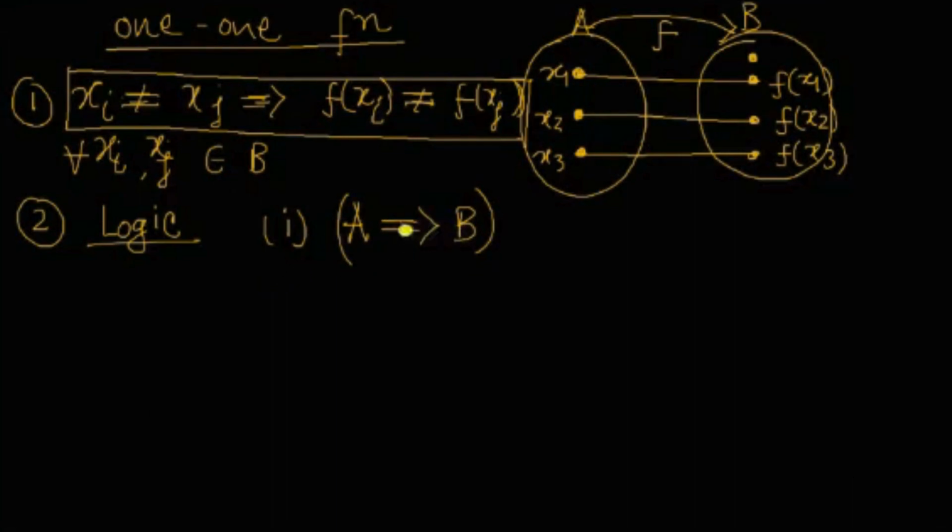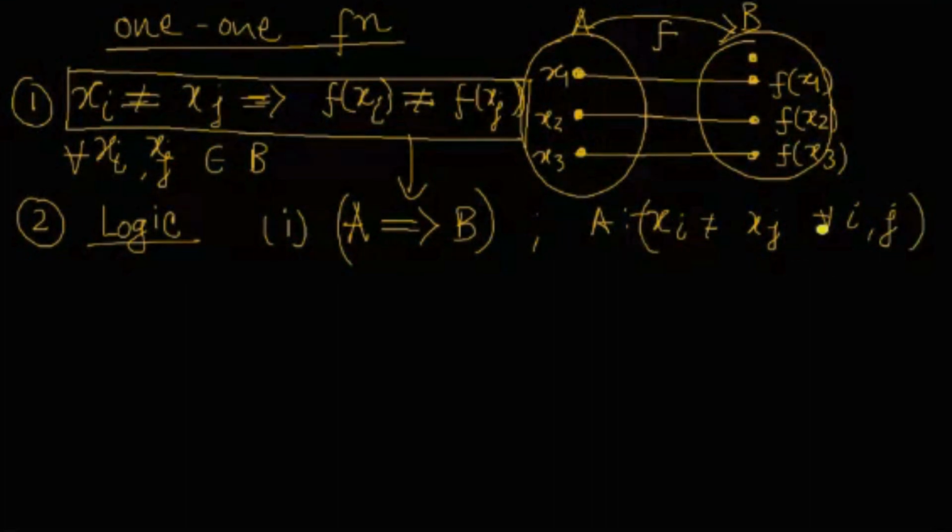You can look at it like this: A is the statement xi is not equal to xj for all i, j.